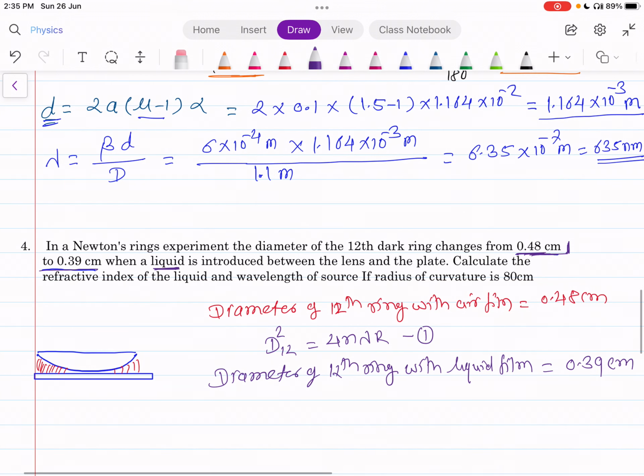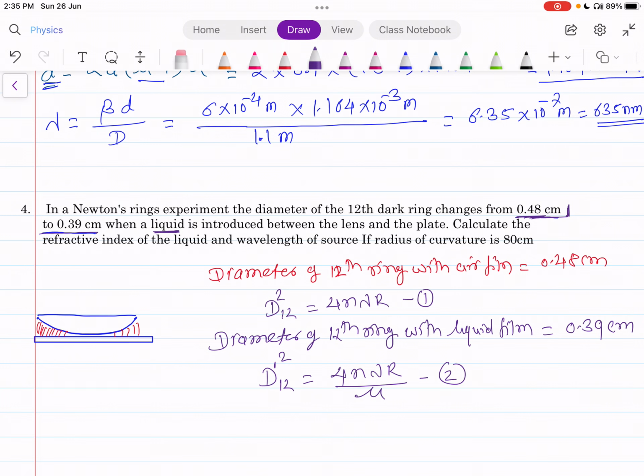Now there is a liquid whose refractive index is mu. Then d dash square of the 12th ring is equal to 4n lambda R divided by mu, and this is our equation 2.